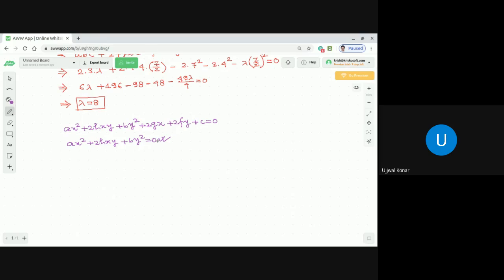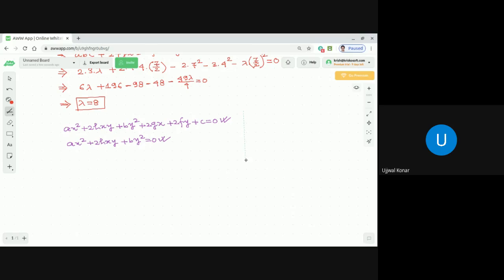Now the pair of straight lines represented by the general equation of second degree will be parallel to the pair of straight lines represented by the corresponding homogeneous equation. Let me explain by means of a pictorial diagram, so then things will be a little clear.